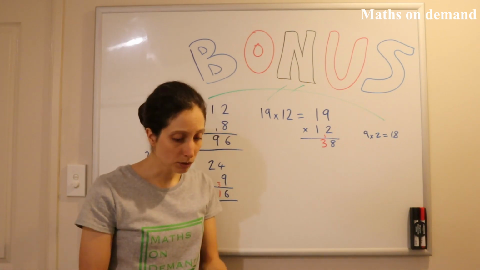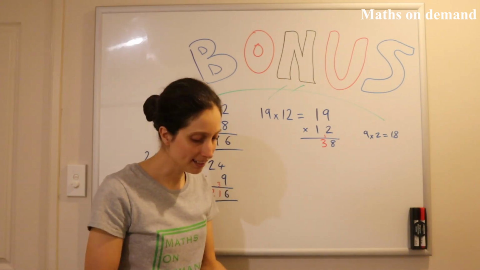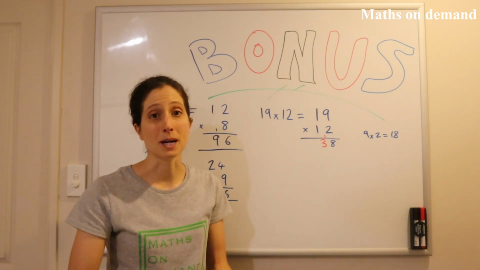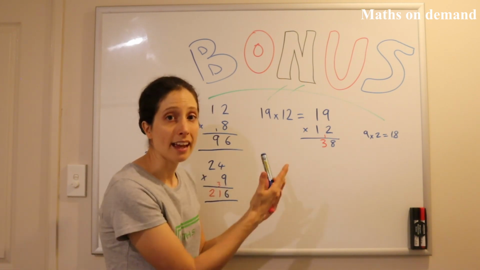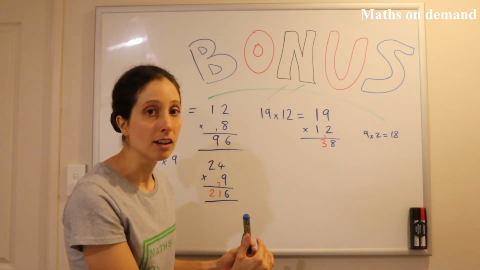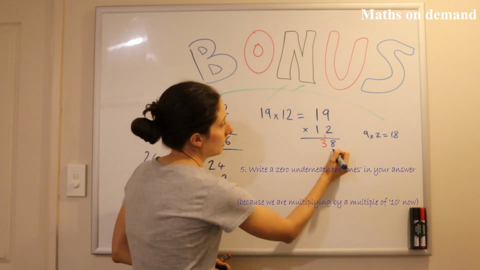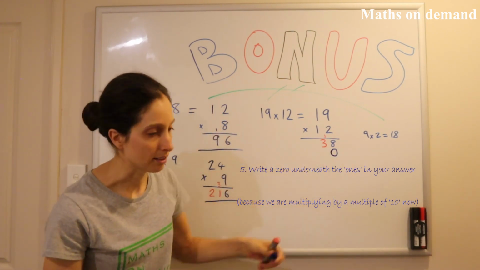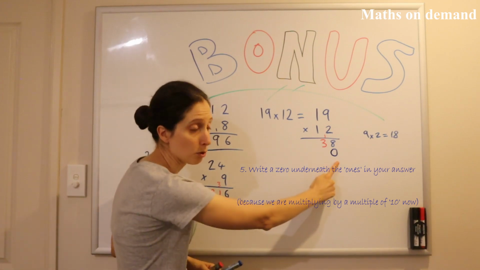And remember when you were learning your 10 times tables that we need to add a 0 to the end when we're multiplying a whole number by a 10. So in this algorithm, we need to add a 0 to our second line in the answer. We're going to add these numbers to get our final answer. So there's our 0.